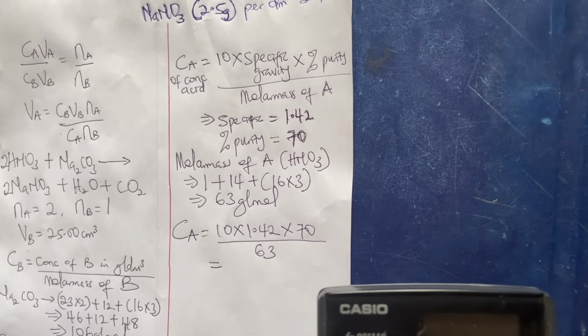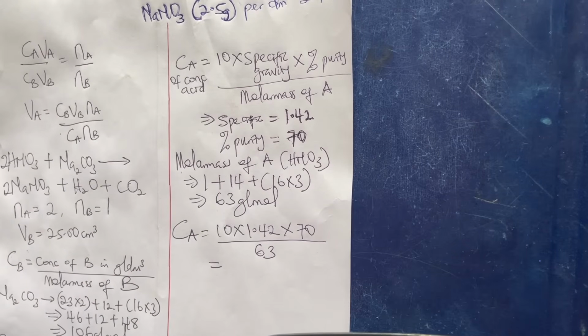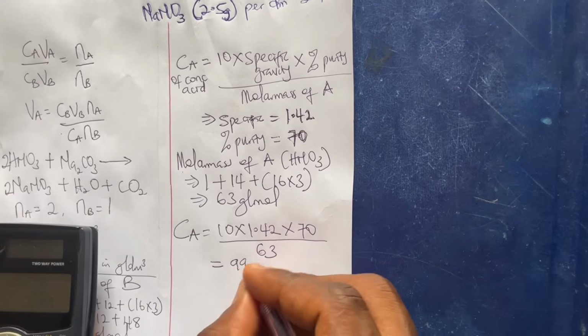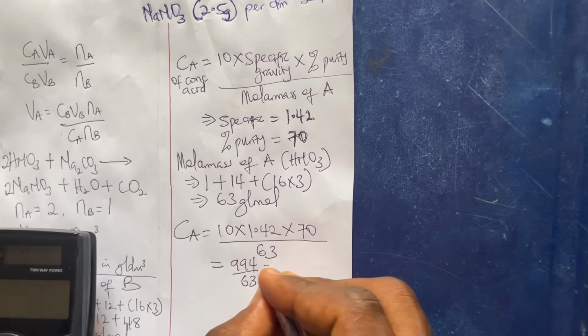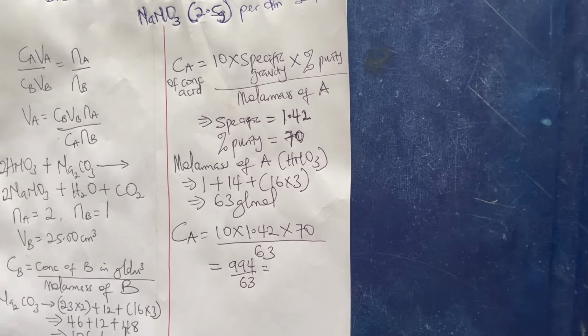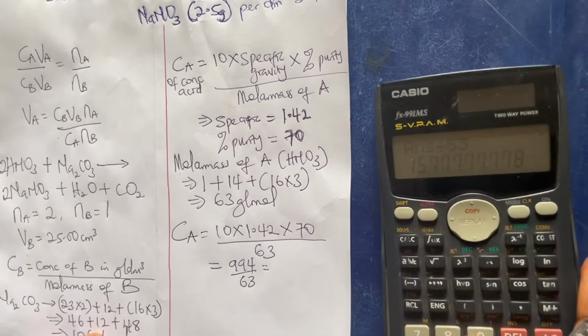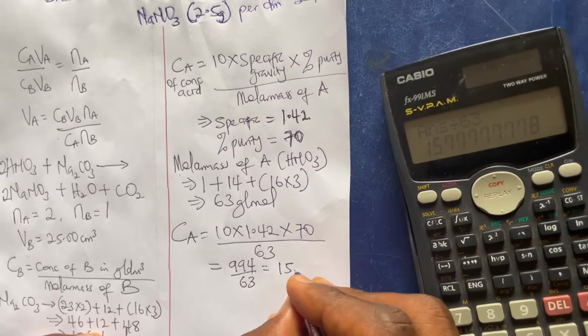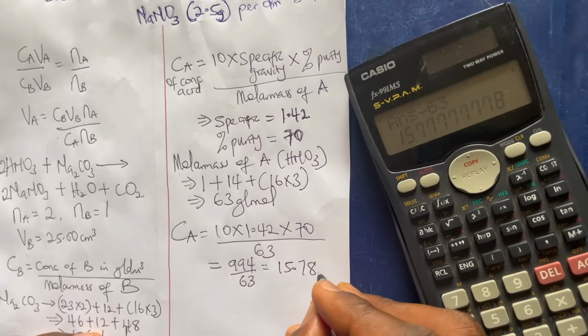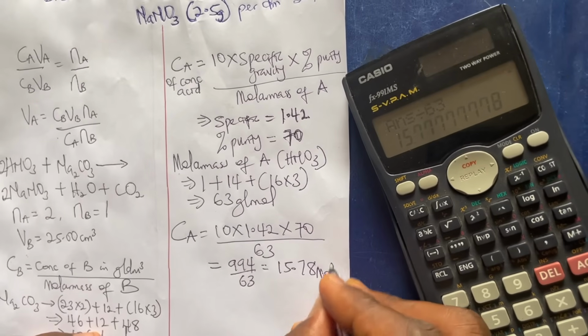That will be 10 times 1.42 times 70, so that will be 994 over 63, and that will give us 15.78 mole per dm cube.